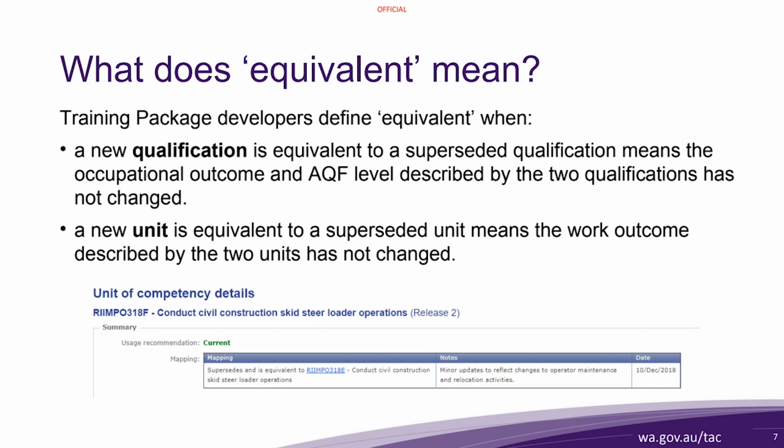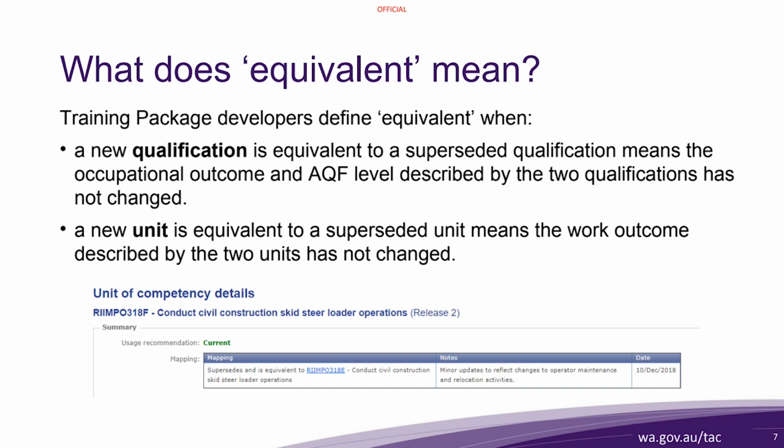This is reported in each unit of competency. If you look at the bottom of the screen in rather small text, it has a unit of competency, Conduct civil construction skid steer loader operations. This particular unit is the F version, RIIMPO318F. And it has a little section in the unit of competency called Mapping.